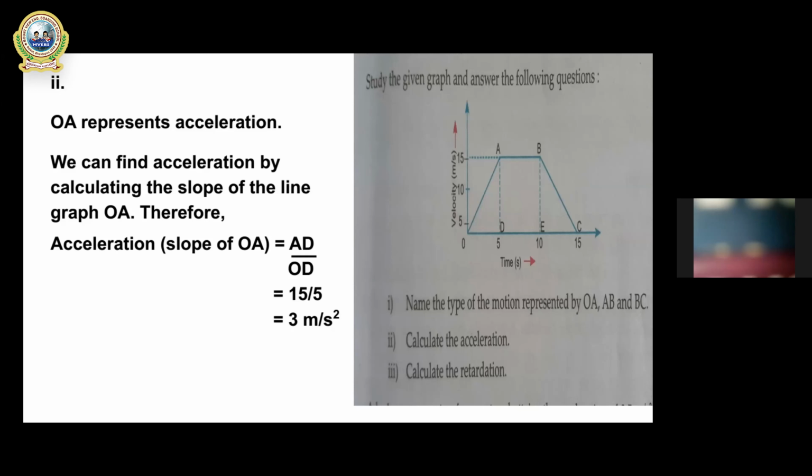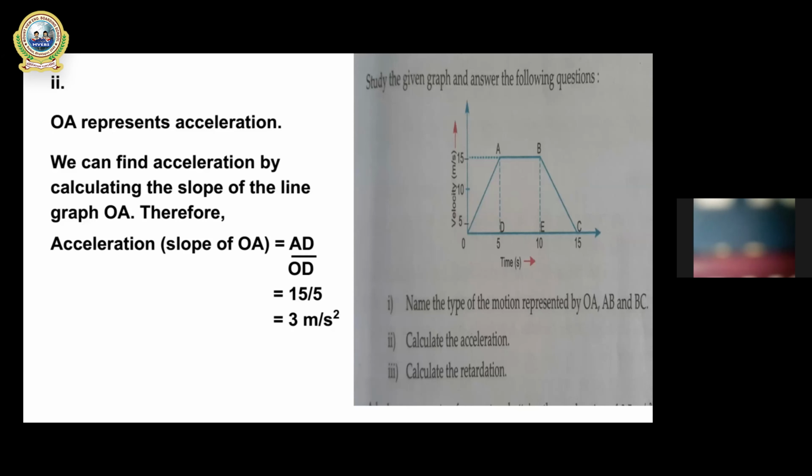For the line OA, that ratio will be AD by OD. So the slope of OA is AD upon OD. AD on the y-axis is 15, and OD on the x-axis is 5. So 15 upon 5 is 3 meter per second square.